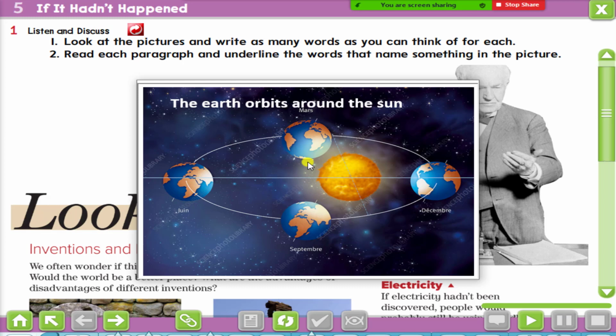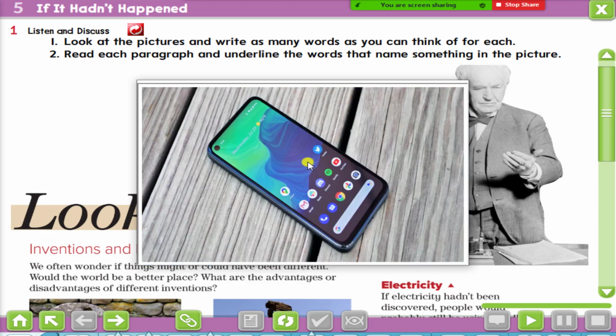We found something which existed but we didn't know about, and now we know it. So this is a discovery. But an invention, we create it, like mobile phones, computers, laptops, and so on. Any other invention?